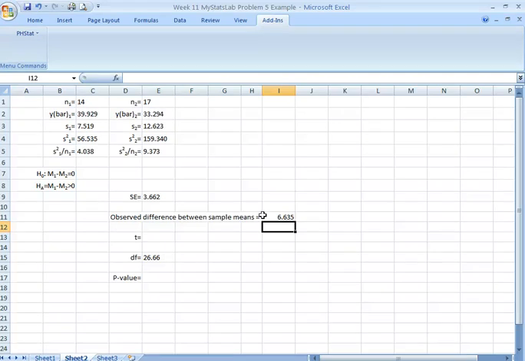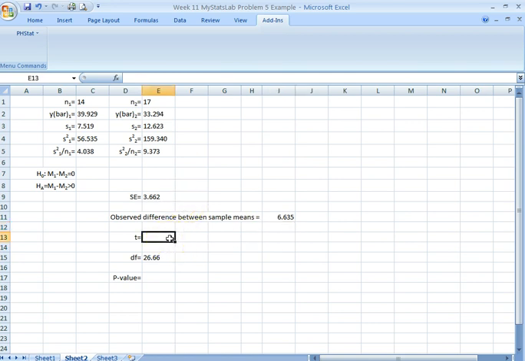And in the formula for t, we're going to take this difference between the two sample means that we have here, and then we are to subtract the hypothesized difference. Well, our hypothesized difference is 0. So we basically have nothing to do there. So we take our observed difference here and divide it by our standard error to come up with t.